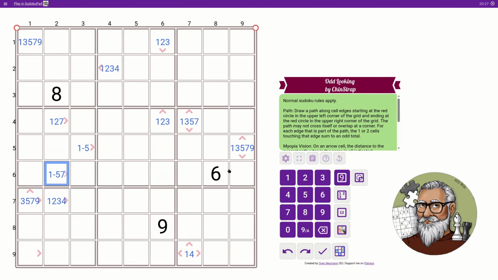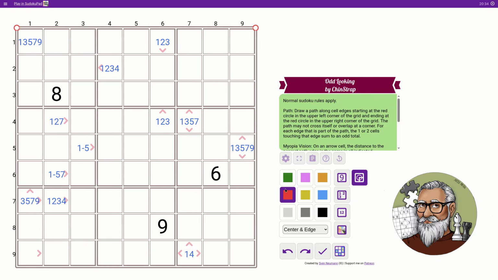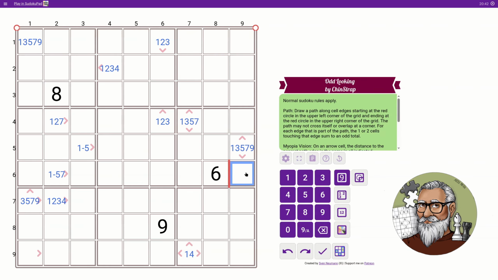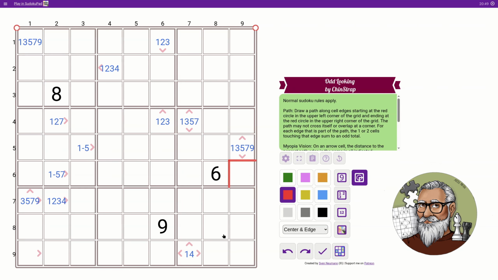There's, if the path passes from here... Okay, hold on. If the path passes from here, then this would have to be odd, which means that the path can't pass from there anymore. As in, this combination is not allowed. Forget about whatever we have here.